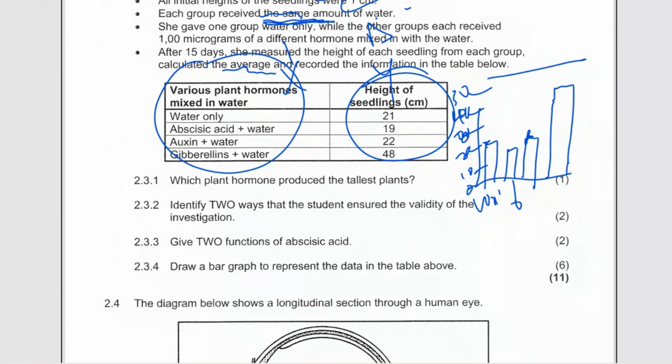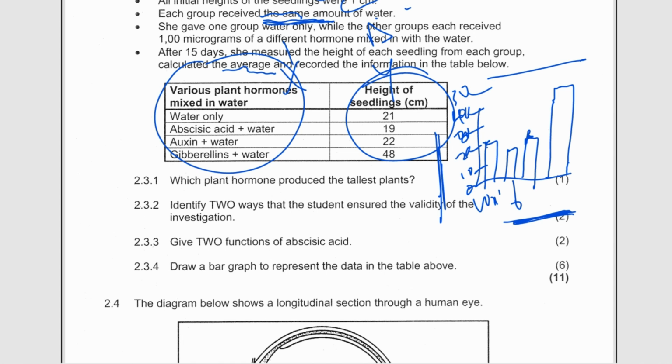You understand? Then you give a title, which is various hormones mixed with water. And here you have the height of seeds in centimeters. Here there are no units, but in the caption please don't put units. So that's how it's supposed to be.